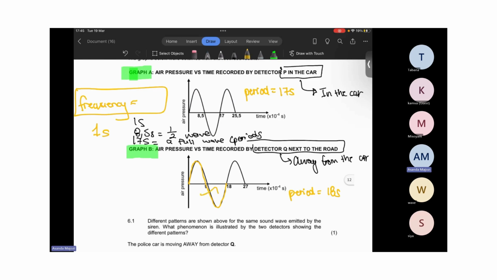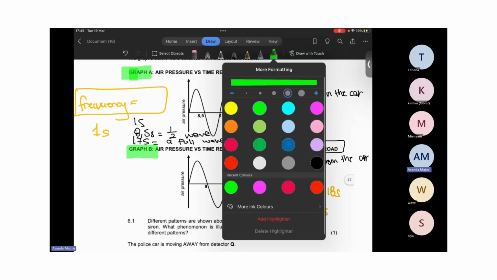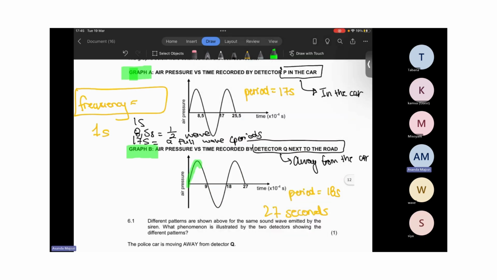And same with graph B, if we had to talk about the period here, we wouldn't say that the period is 27 seconds. Why? Because in 27 seconds, we're able to form one wave, which is this one, and then we also form half of a wave. That is how much is formed in 27 seconds. So that wouldn't be the period. All right, cool. So that was just quick revision.